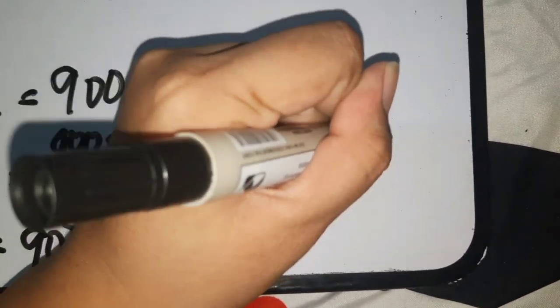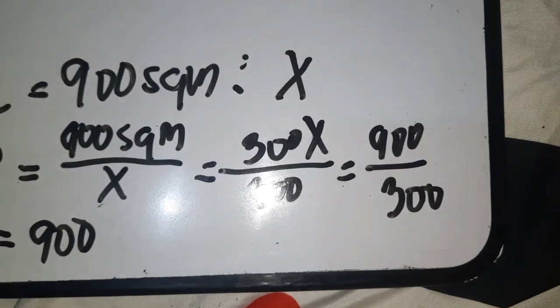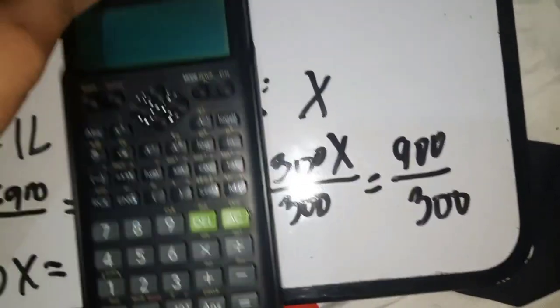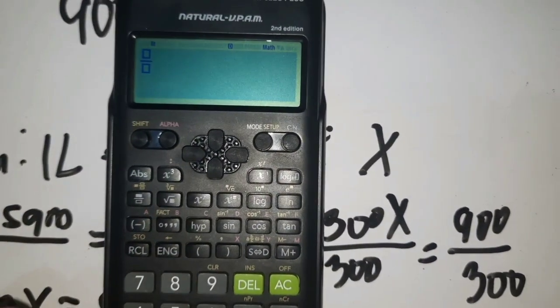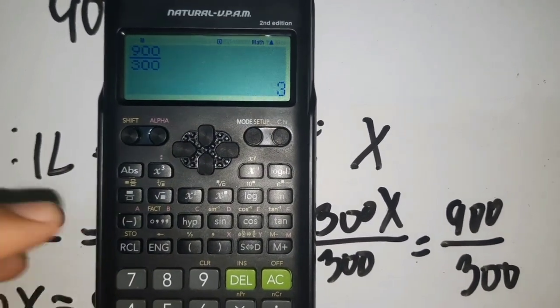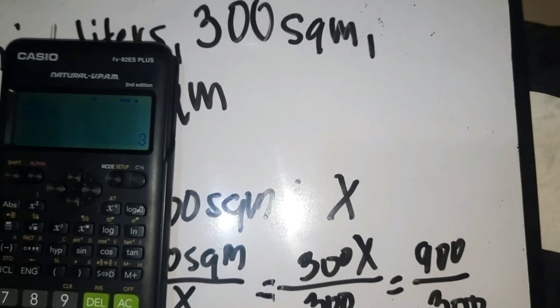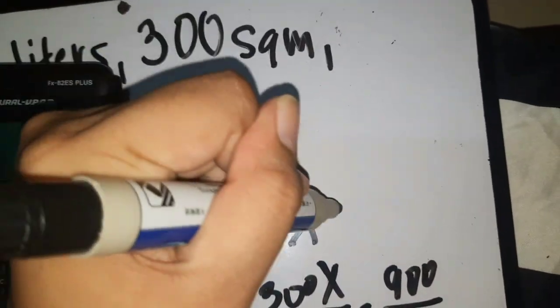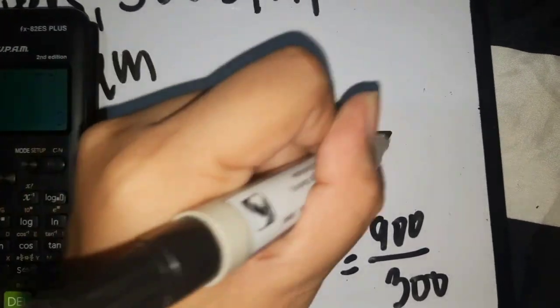Then we calculate it. The result is 3. So the value of x here is 3. This is the final answer.